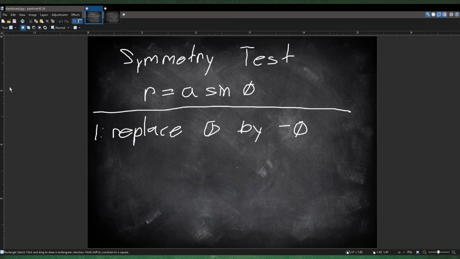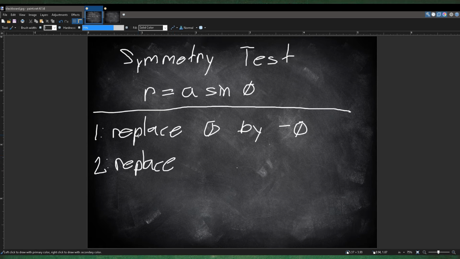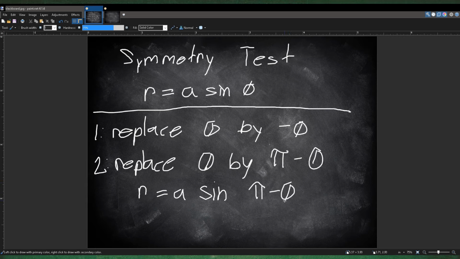Okay. And now we have test 2, which is replace theta by pi minus theta, because theta has to be in radians. So imagine that. We have r is equal to a sine of pi minus theta.